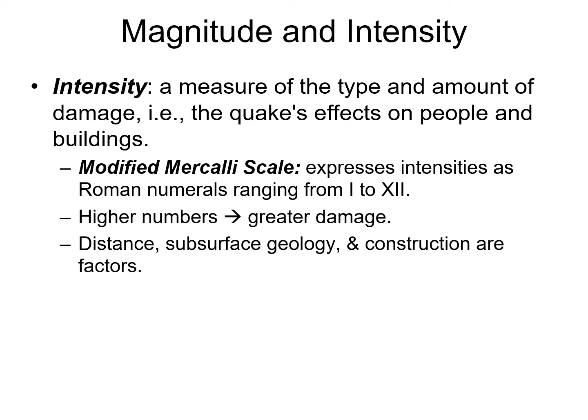This uses Roman numerals going from 1 to 12, and it's ranked on what we call the Mercalli scale, or more properly, the modified Mercalli intensity scale. Again, this is how strong the shaking was at a location, not necessarily how big the earthquake actually was. And the stronger the shaking at that location, typically the greater the damage there would be.